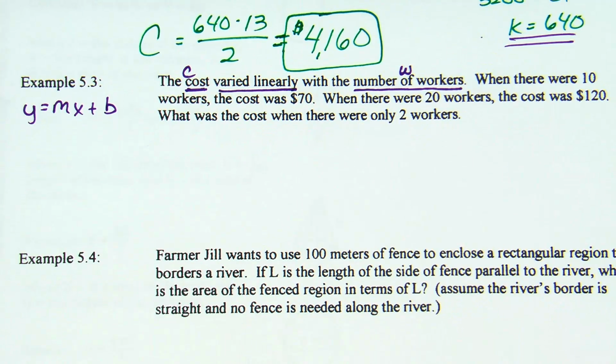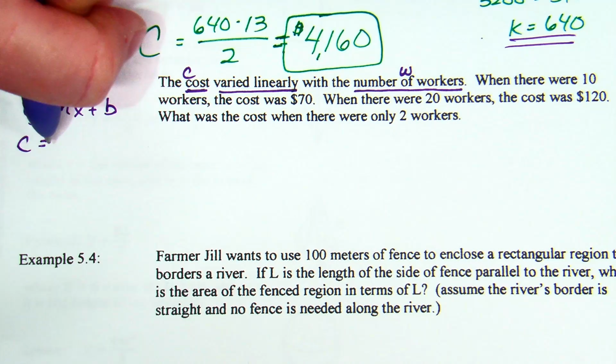The cost is dependent on the number of workers. You have to know the number of workers to find the cost. So in that case, Y equals MX plus B, my Y is going to be replaced with C. So C equals MW plus B is the equivalent. Again, if you prefer to work with Y and X, you can do that too.